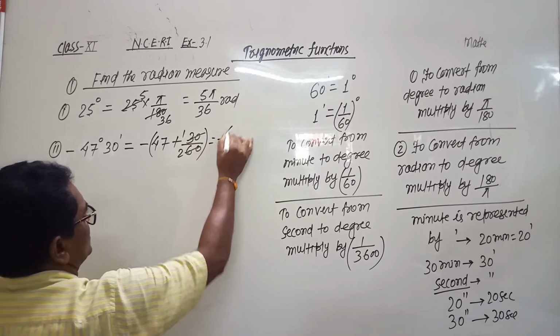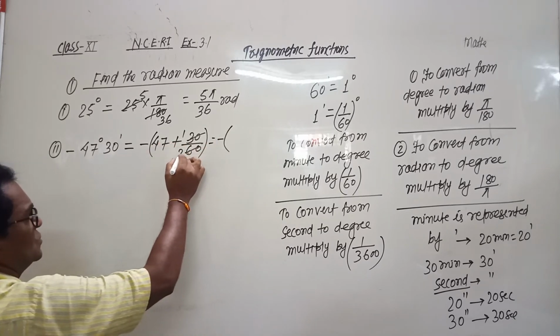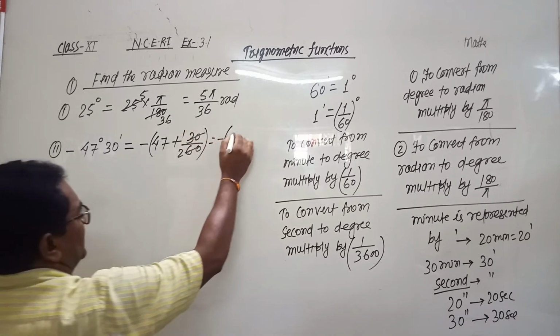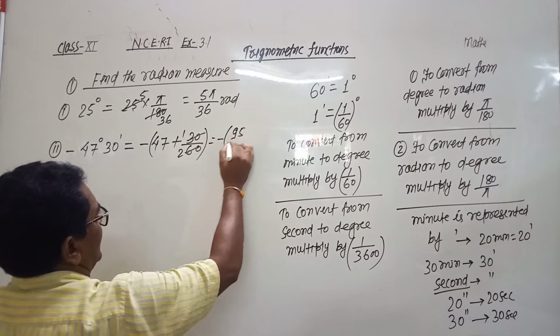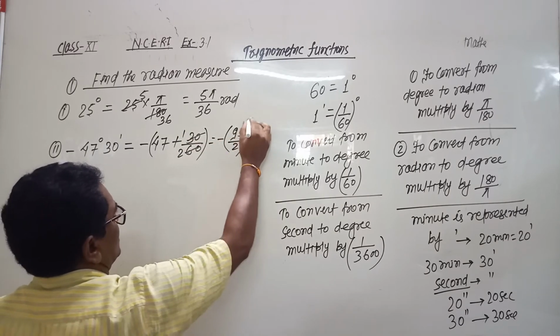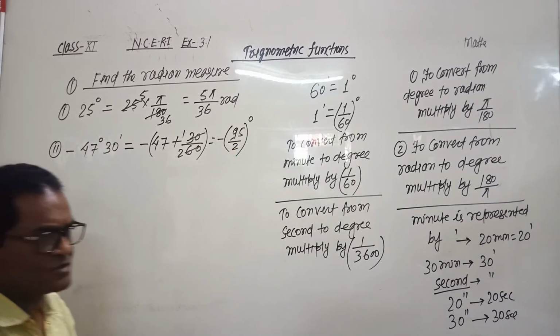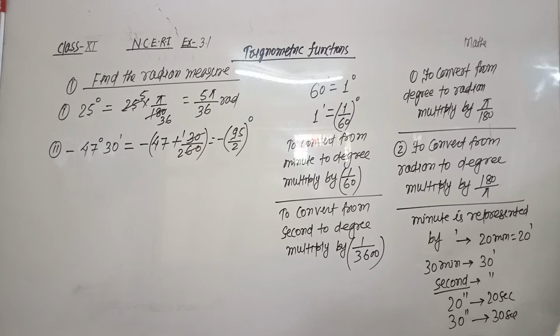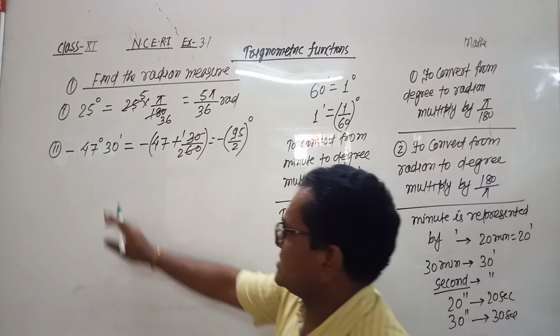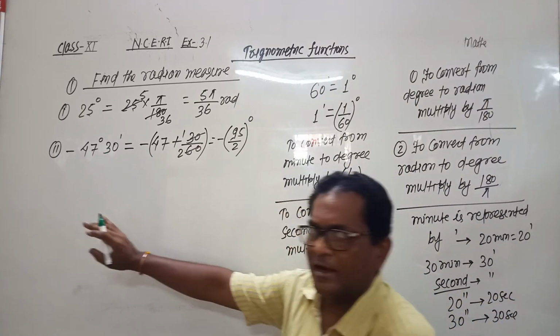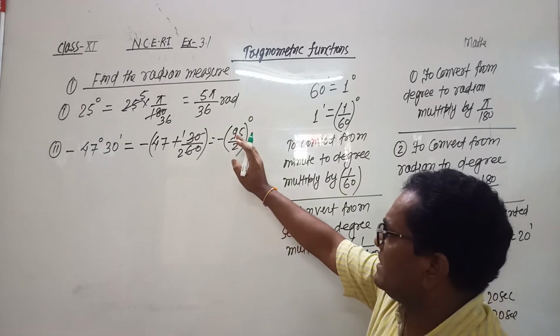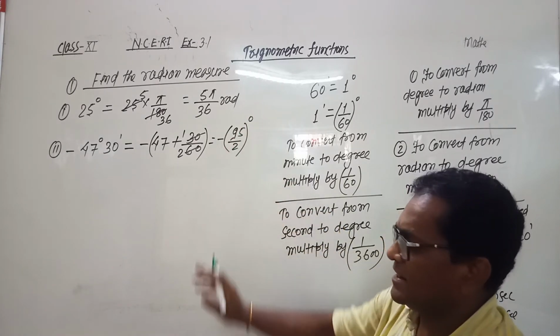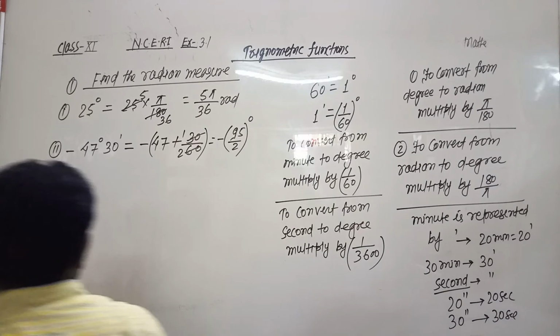So minus 47 into 2 is 94, plus 1, 95 by 2 degree. So in the very beginning, we will have to convert the minute into degree also. So minus 47 degree 30 minutes, written in terms of degree, is minus 95 by 2 degrees.